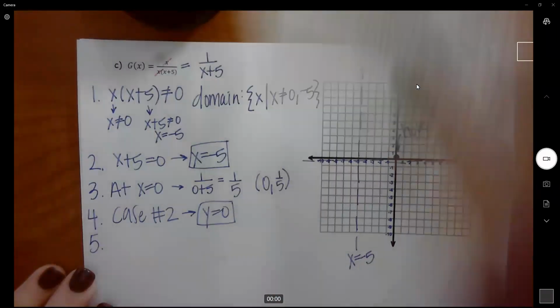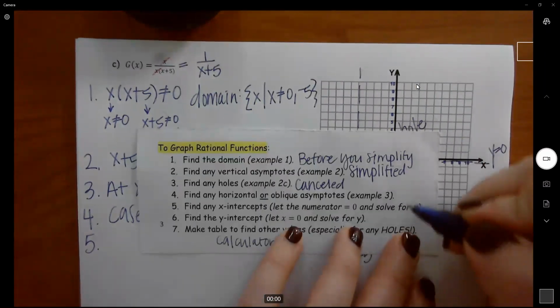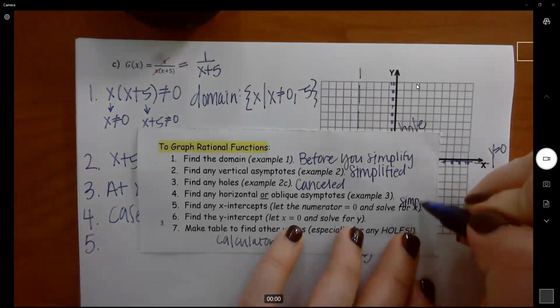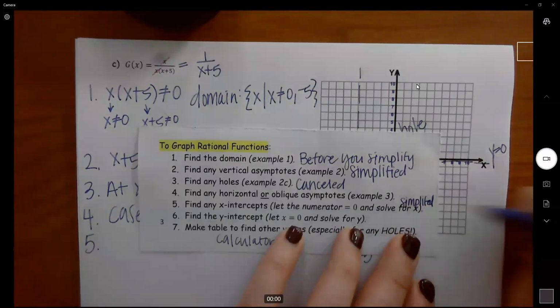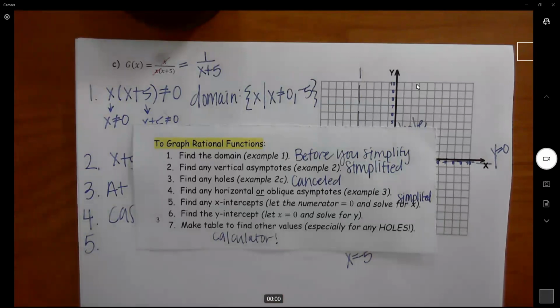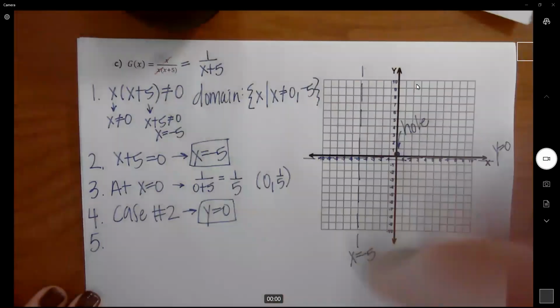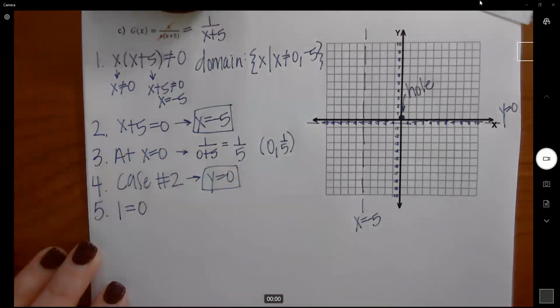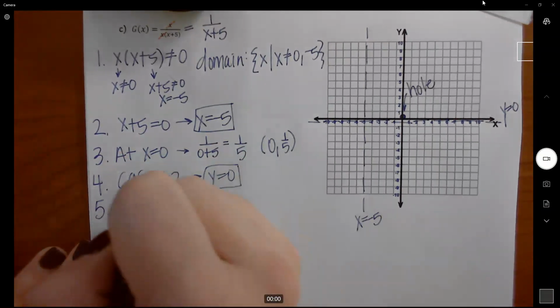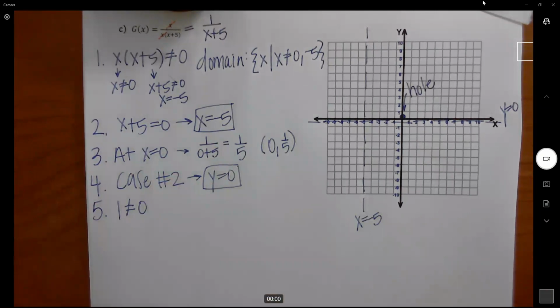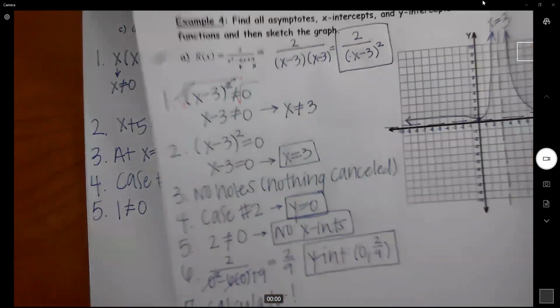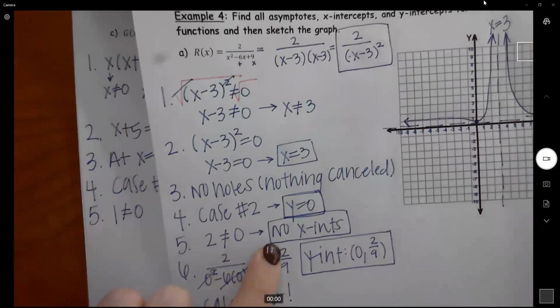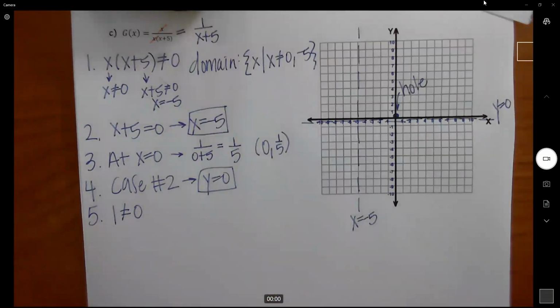When you do this, this has to be your simplified rational function as well. So I'm going to take this numerator of 1 and set it equal to 0. Well, this doesn't make sense. 1 does not equal 0. And so on our first problem that we did, when this doesn't make sense, this means that we have no x-intercepts.